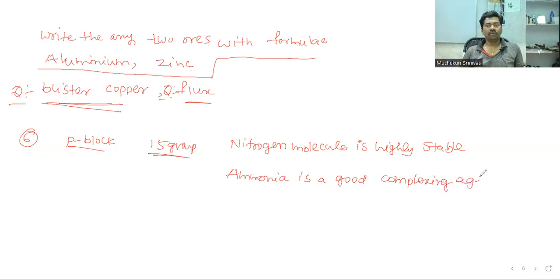Explain with an example. Then last one, PH3 has a lower boiling point than NH3. Why?